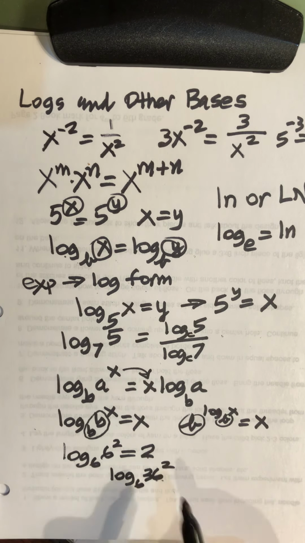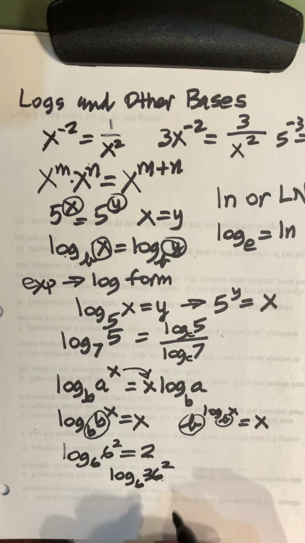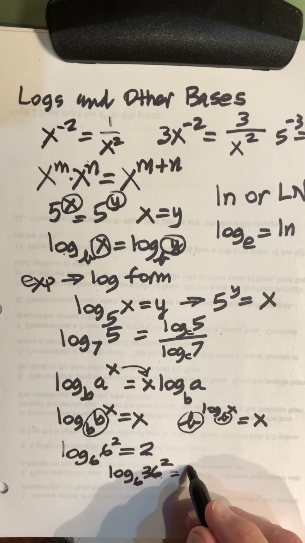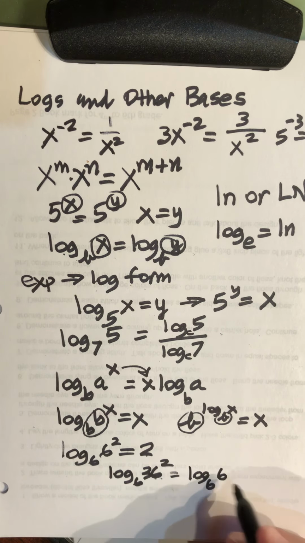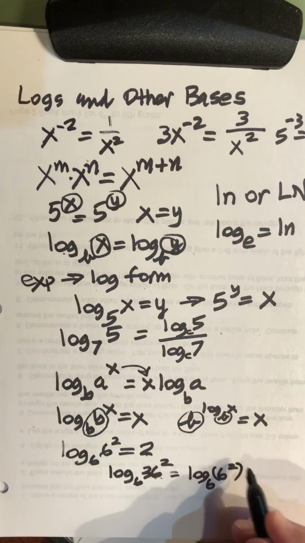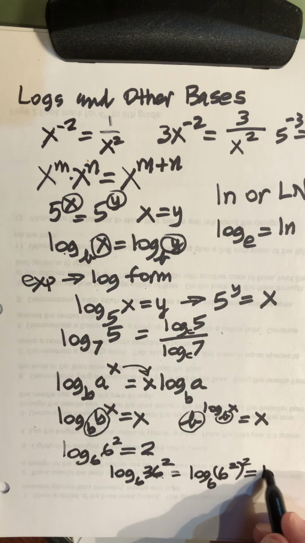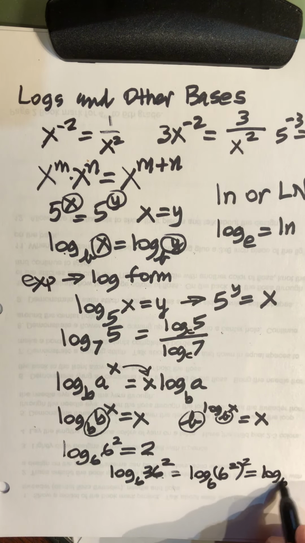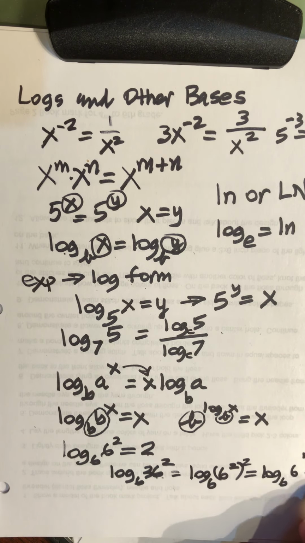Yes, I could, because I want these two numbers to be the same. They're not now, but 36 is 6 squared, isn't it? So that would be log base 6 of 6 squared, and then you still have that squared. So that's 6 to the 4th, log base 6 of 6 to the 4th, and that equals 4.